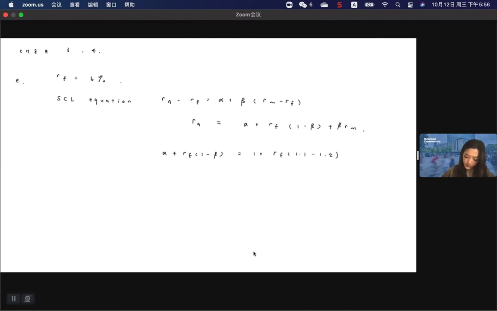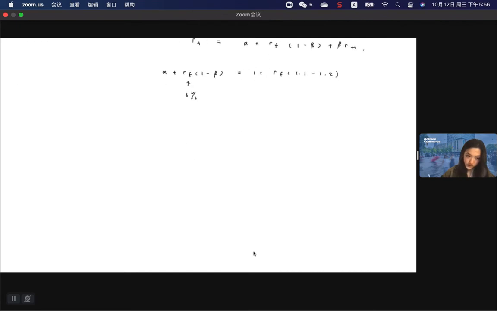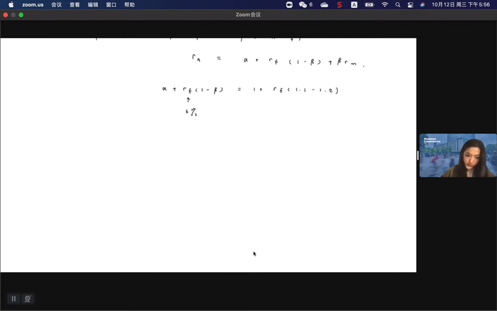If RF is 6%, so if you plug in the numbers, the intercept would be 1 minus 1.2, which equals negative 0.2%. So this will be the regression intercept for stock A. In my version of the textbook it's only up to D, but I'll just follow the solution so you have everything.